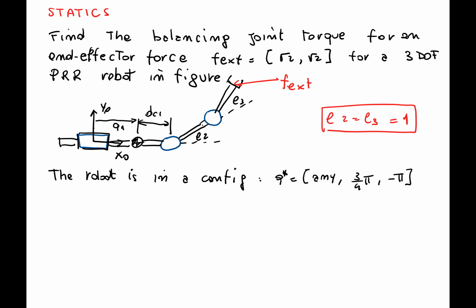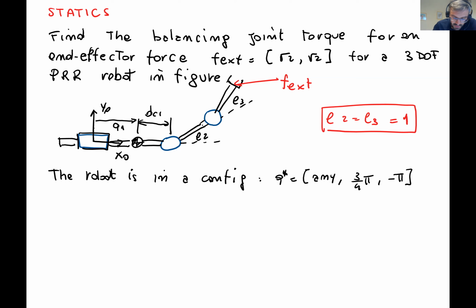So as I said, the next exercise is to solve the problem of statics, where you want to find the balancing torques to create an end effector force, in the plane, because we are living in the plane, we have only xy directions. So the square root of 2 terms are the xy coordinates of our end effector force, and we want to create this force with a robot.